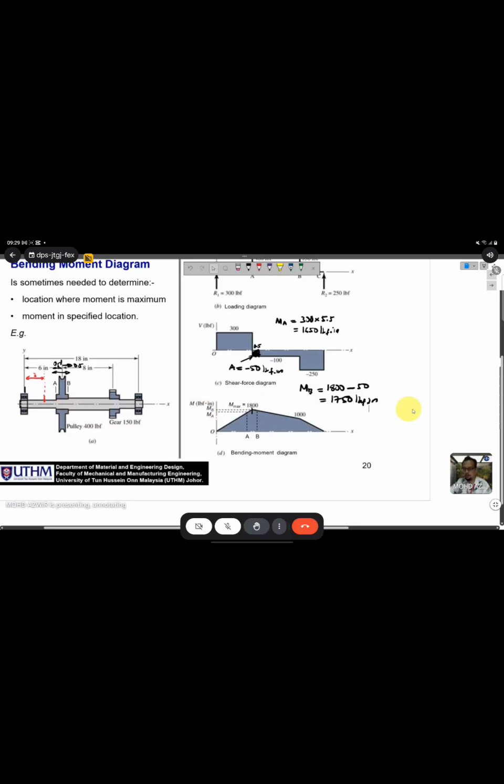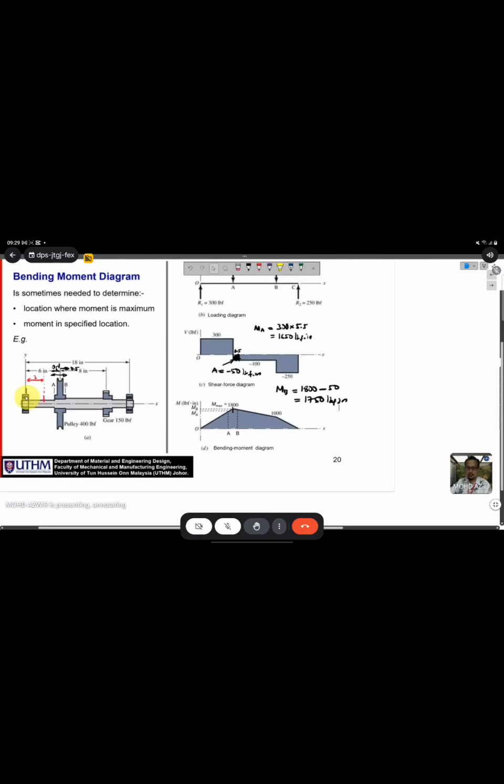And then you put it inside the formula, you can get stress at B. If you want to get stress at A, you need to use this value 1650, and the diameter will be the diameter at A, and the C also will be C at A. MC over I. So this is how you calculate stress if you have bending load.